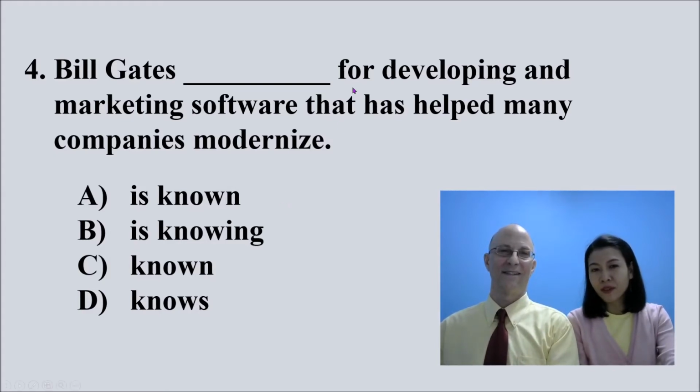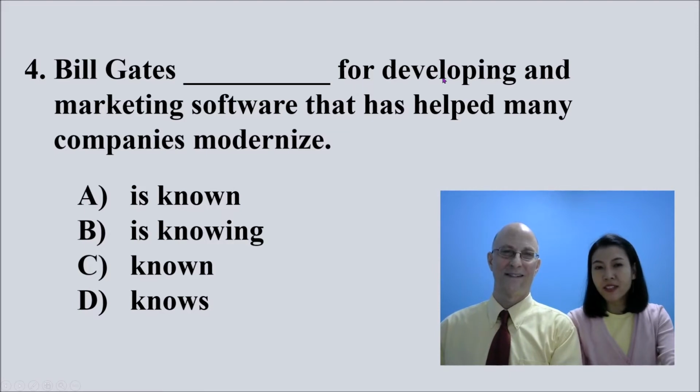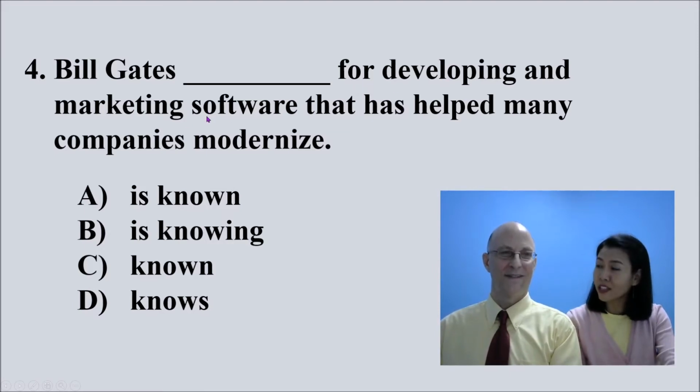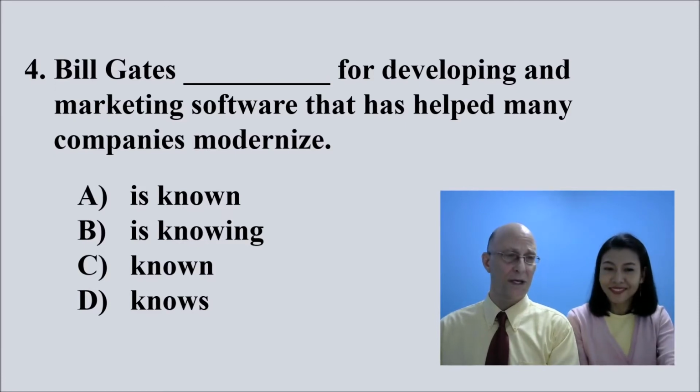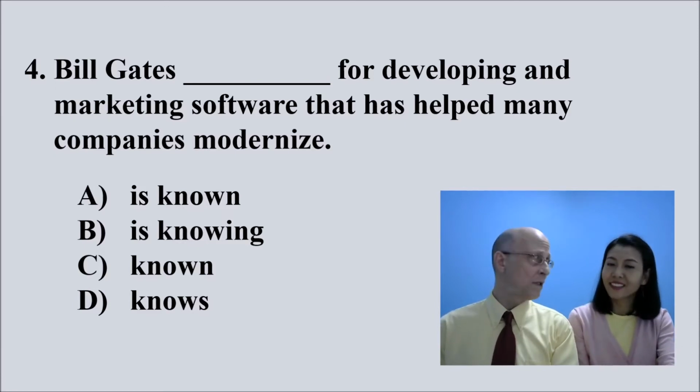Uh-huh, right? And the words that come after this are information about Bill Gates that others acknowledge. Yes, excellent. So Bill Gates doesn't do it himself. So the blank requires a passive form. Yes, excellent. Once again, Yudee is absolutely correct.